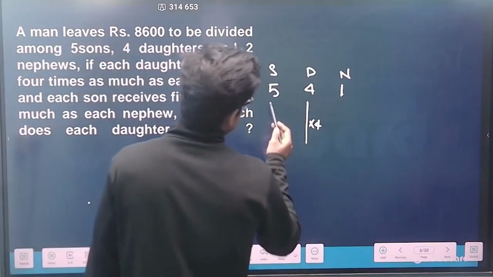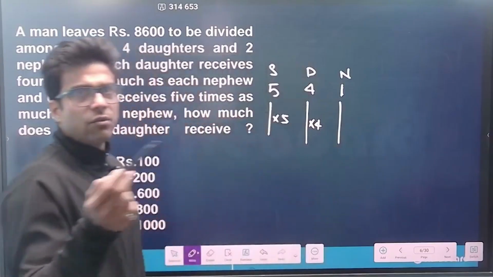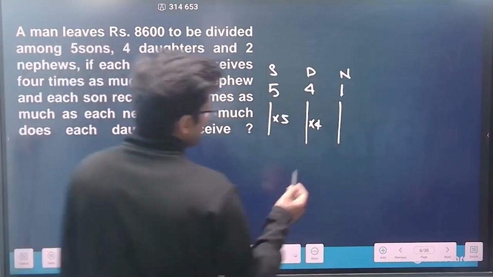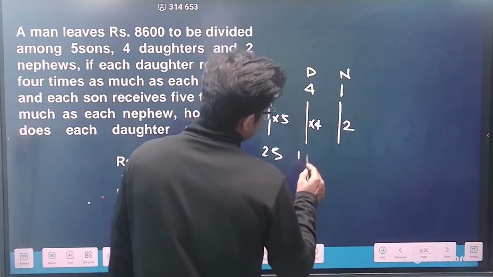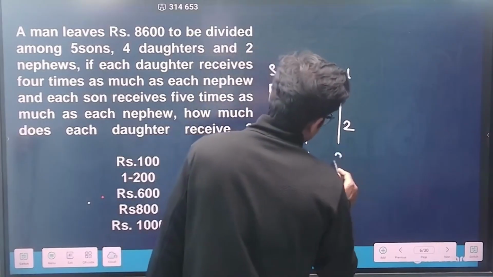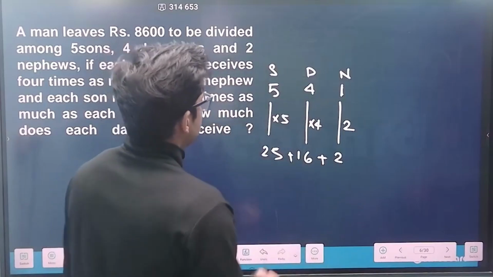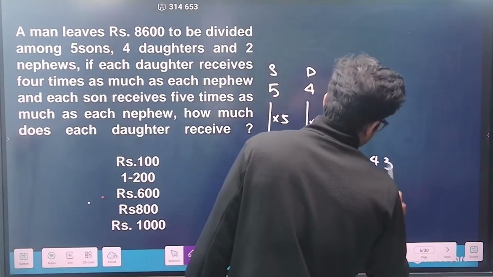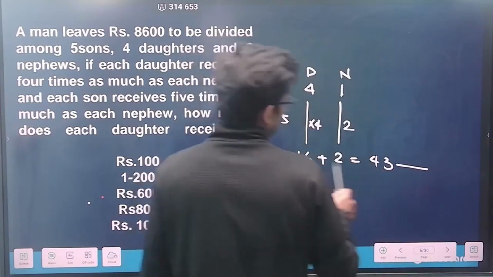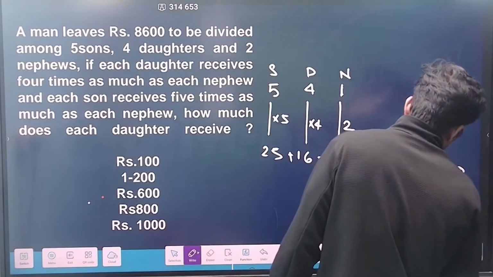Then nephew will receive 1 time. So you are getting 25, 16 and 1. If you sum it, you get 43. So 43 value is given to 8,600, so one value would be 200.